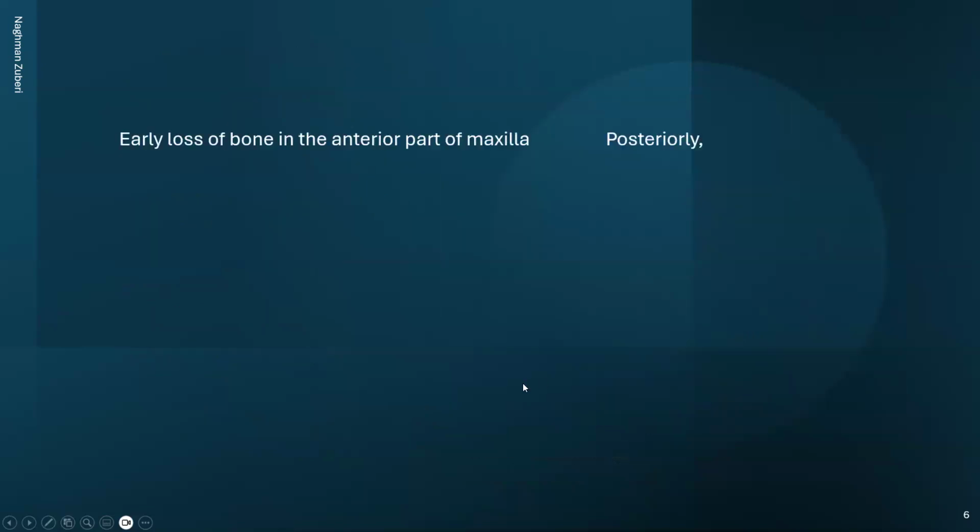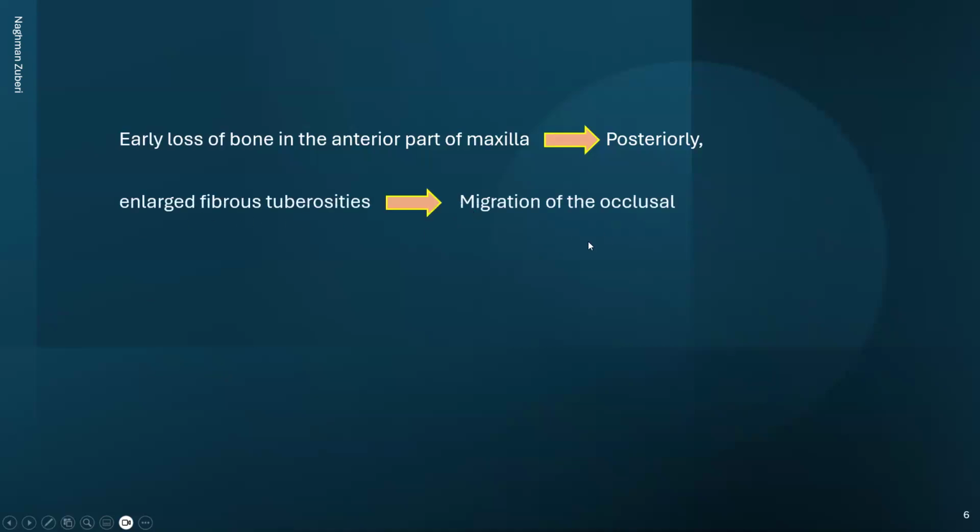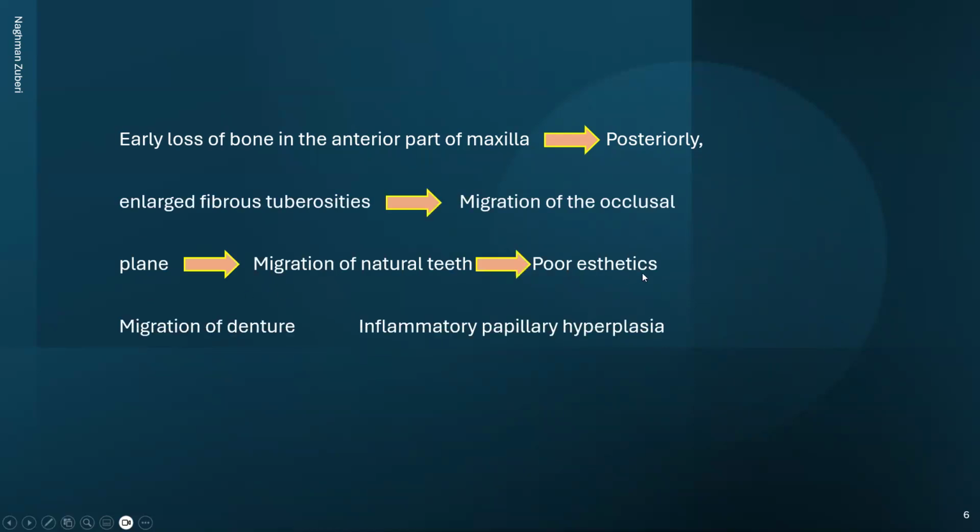Well, why does it happen? There is early loss of bone in the anterior part of the maxilla, and posteriorly enlarged fibrous tuberosities. There will be migration of the occlusal plane, migration of the natural teeth, leading to poor aesthetics, and the dentures are also migrating. The patient has inflammatory papillary hyperplasia on the palate.